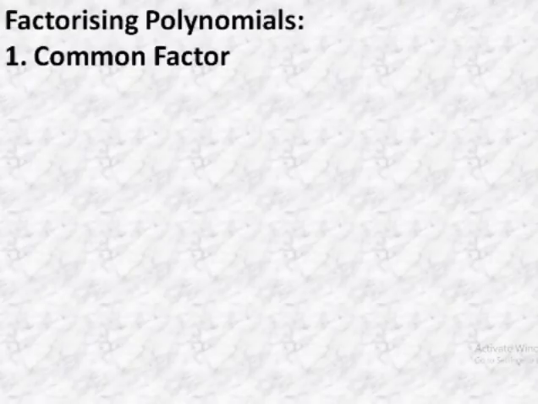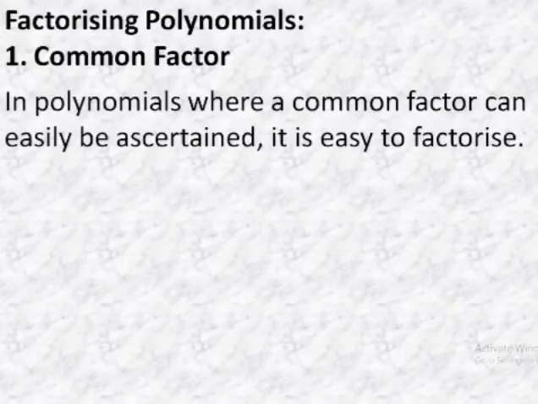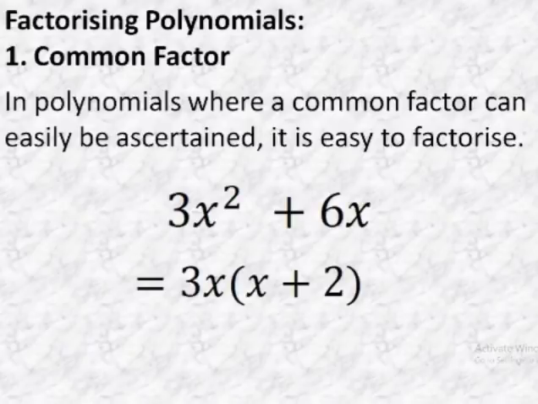Now factorizing polynomials. Polynomials is a vast topic, but here we'll just be discussing factorizing polynomials, the easier ones, of course. Common factors. In polynomials where a common factor can easily be ascertained, it's easy to factorize. Let's see. For example, this one, 3x squared plus 6x.